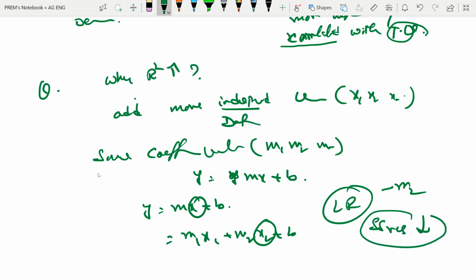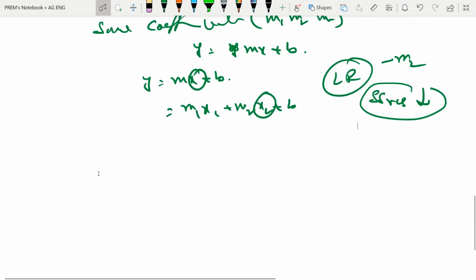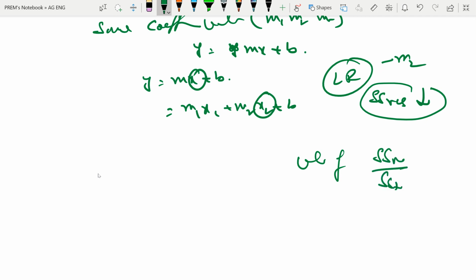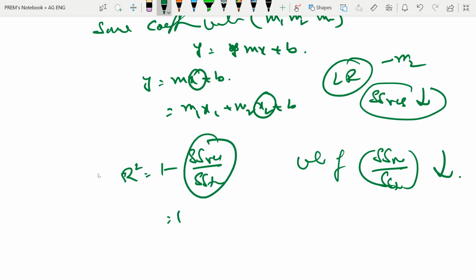Whenever the SSRES value is decreasing, the value of SSRES by SS total will also be decreasing. Our R square formula is equal to 1 minus SSRES by SS total. Whenever this value is decreasing, it will be a minimum value, so 1 minus the minimum value increases the R square value.